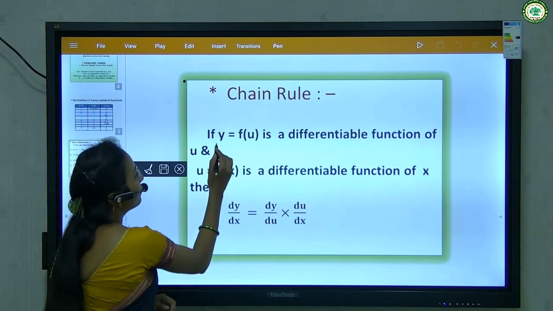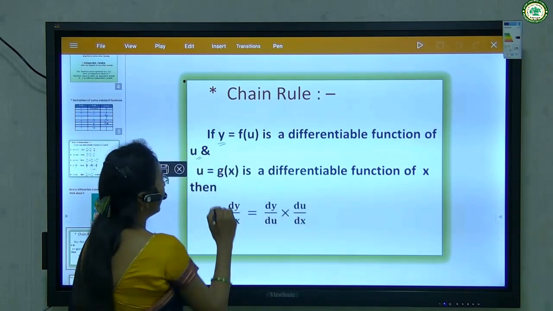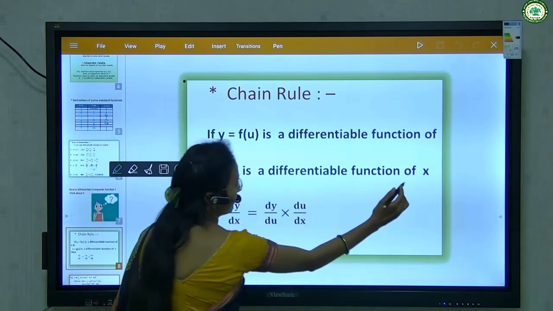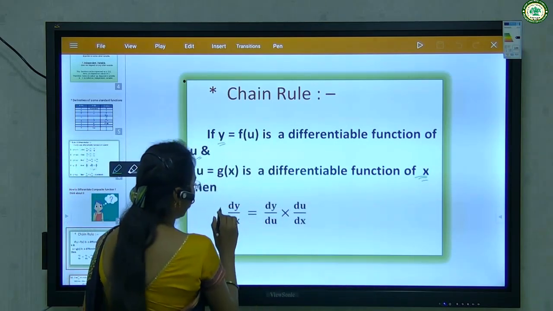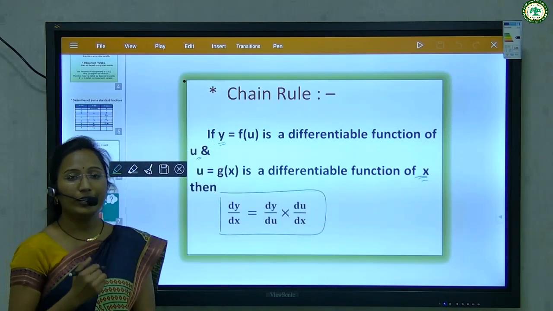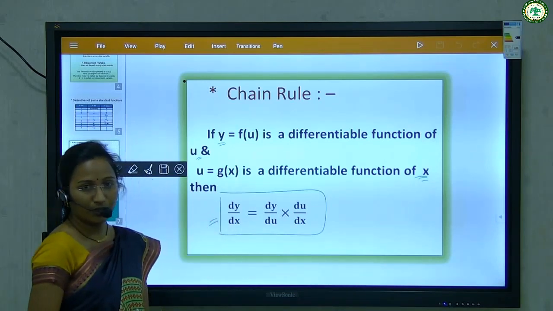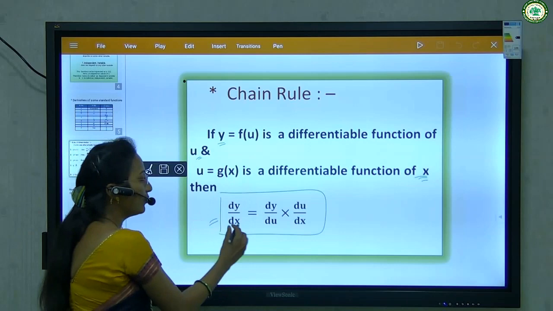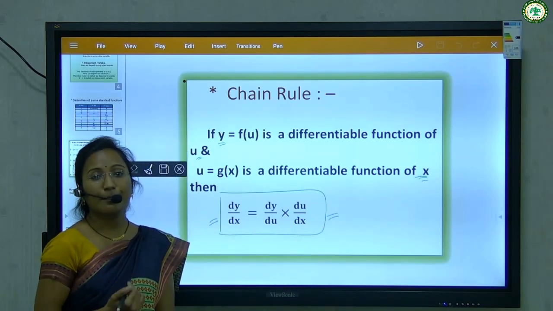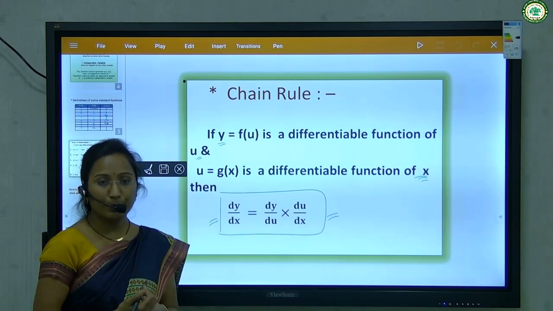This formula is called the chain rule. By using the chain rule, we differentiate composite functions.